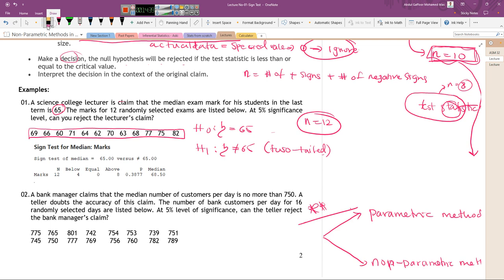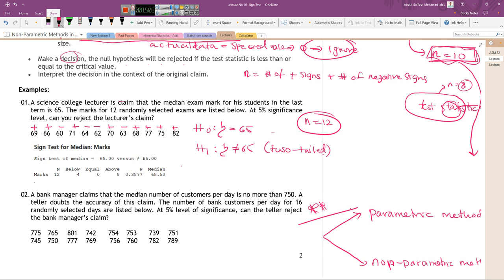Now in this case, 69 is greater than 65, so plus, minus, plus, minus, plus, plus, plus, plus.